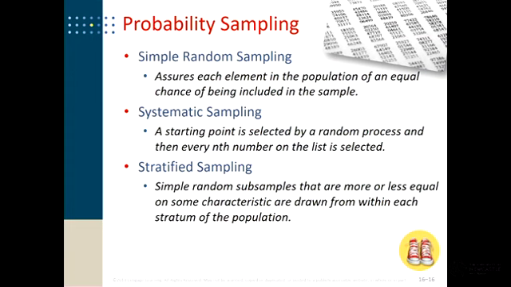Most common and most widely used one is simple random sampling. In simple random sampling, what we actually do is each and every element gets an equal chance of being selected. You know that's like how the lottery is picked up. Let's say you have filled up a particular survey and there is a counterpart.